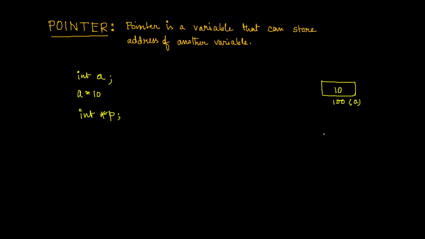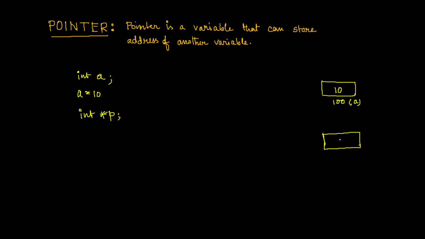So within the same memory space, you will have another memory location. For every variable there is a memory location. That is for sure, right? Because a variable doesn't hang somewhere in the air. Every variable must have some physical significance with respect to a memory location.